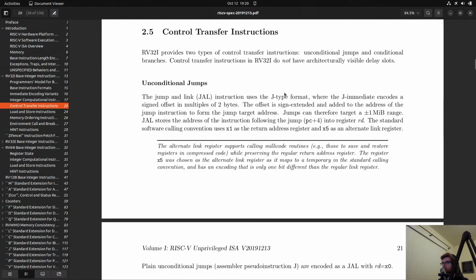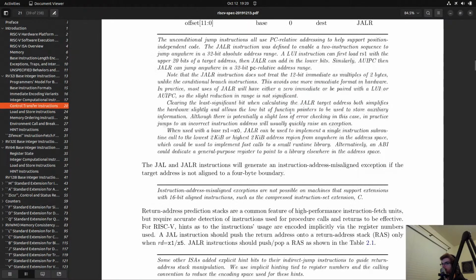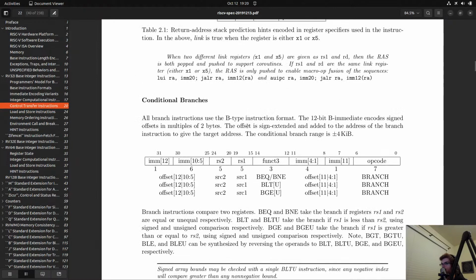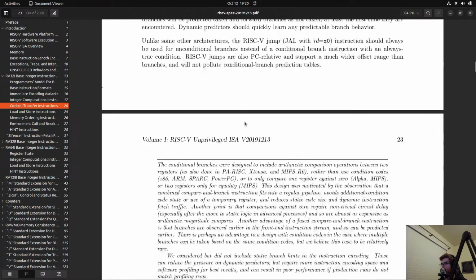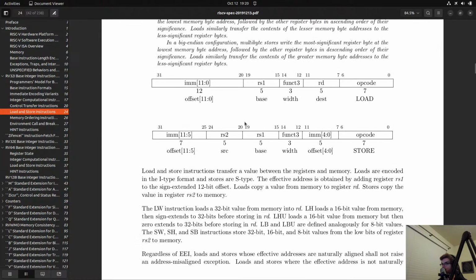Unconditional jumps are using the J type, where the J immediate encodes a signed offset in multiples of 2 bytes. Conditional uses B. Load and store instructions: stores are S-type.